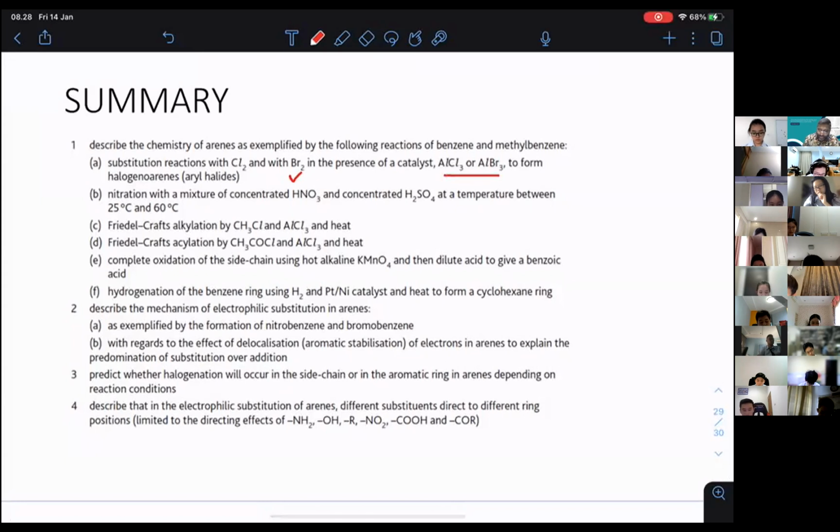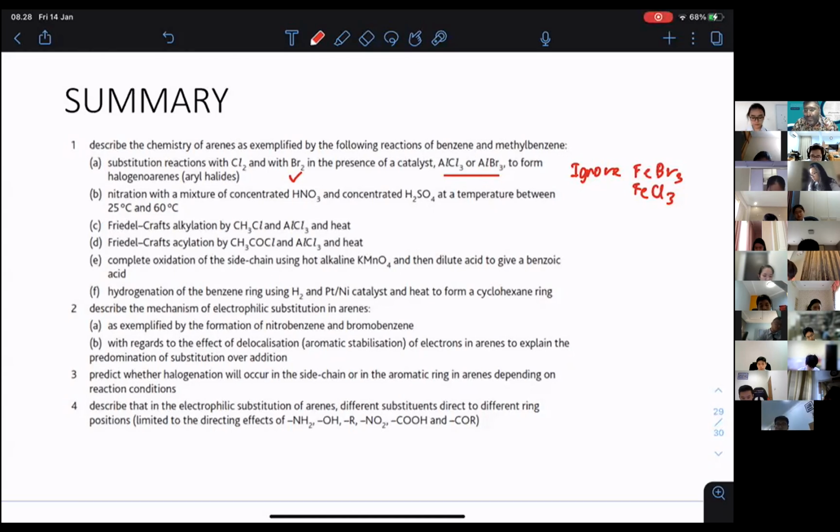Ignore FeBr3 and FeCl3, ignore that. That is going to be very important when you study, you refer back to the syllabus again, especially now that we are talking about the new syllabus, so you need to keep on following that.